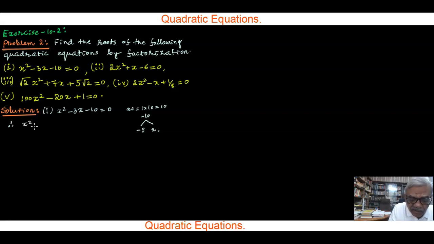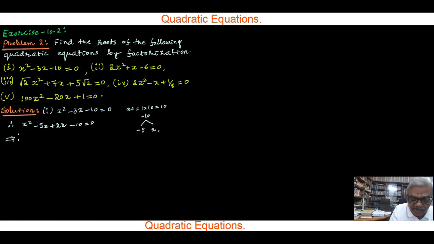Therefore I can write down x square minus 5x plus 2x, that is going to be minus 3x only. So I split the middle term minus 3x into minus 5x and plus 2x, minus 10 equal to 0.